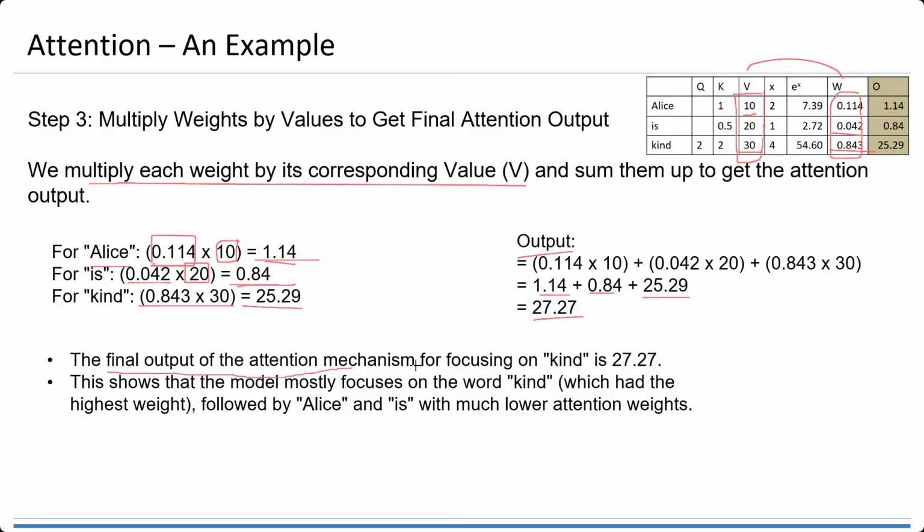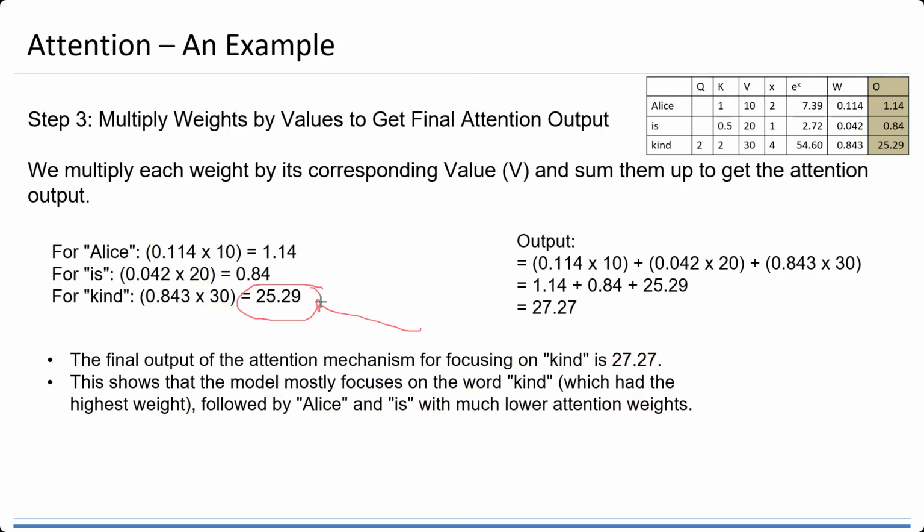The final output of the attention mechanism for focusing on kind is 27.27. This shows that the model mostly focuses on the word kind, which has the highest weight, followed by Alice and is, which have much lower attention weight. You can see here, this is the highest one.